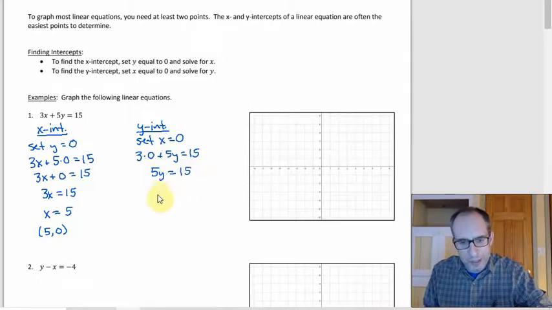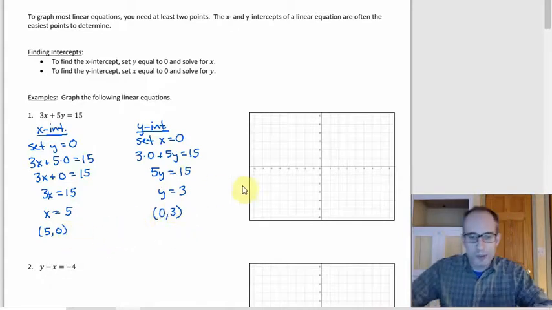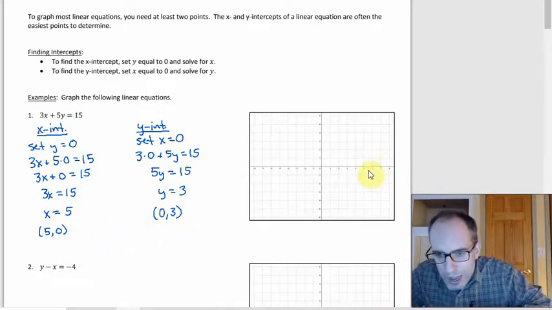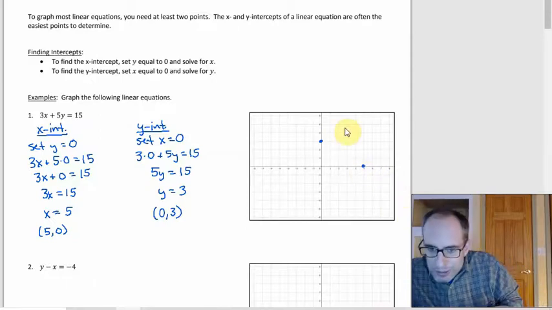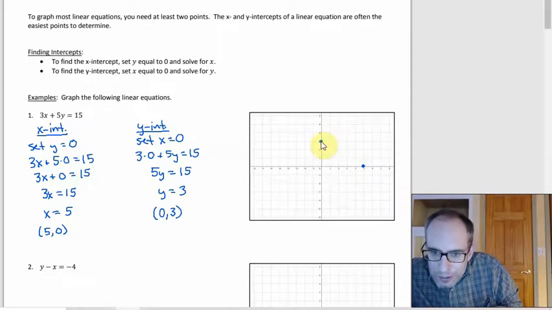Then if 5y is 15, y is equal to 3. So our y-intercept is the point (0, 3). Now we've got our 2 intercepts. We can graph them. (5, 0) is right here, and (0, 3) is here. That's enough, since 2 points determine a line. You just have to draw the line that goes through those two. So let's see.